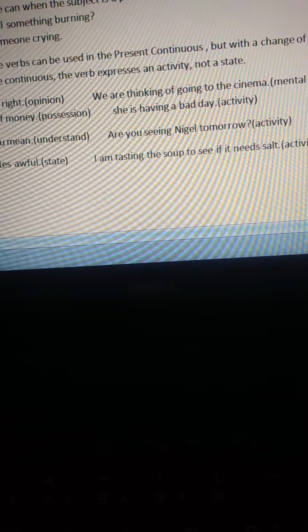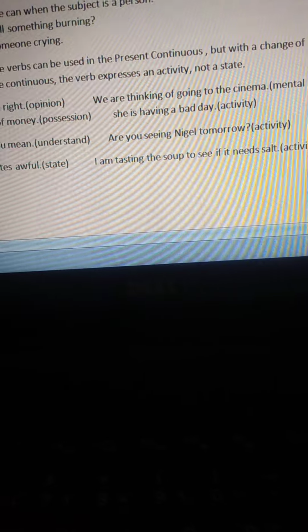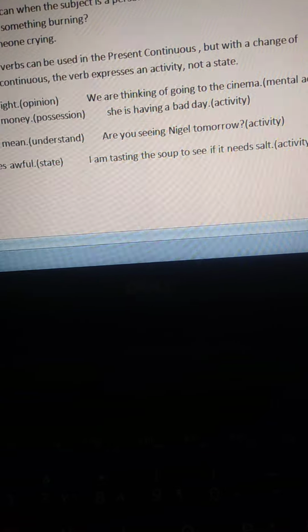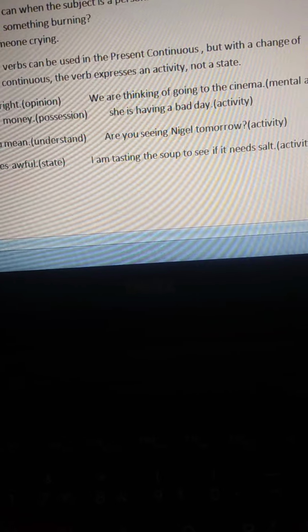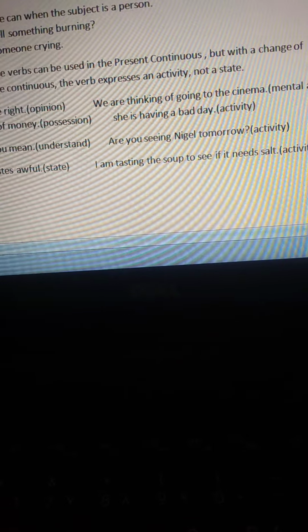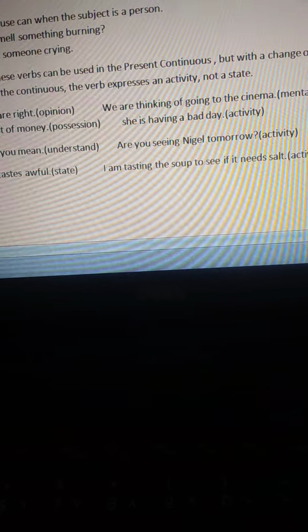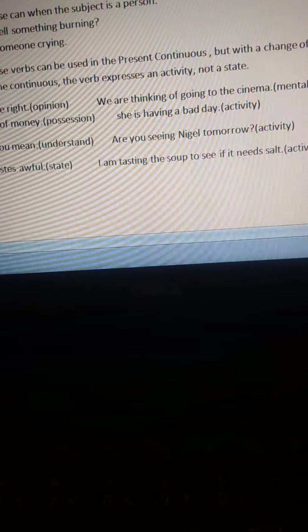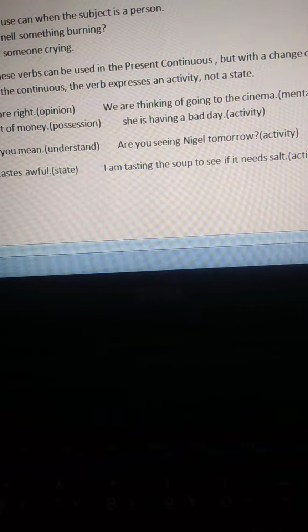Activity. Repeat. I am tasting the soup to see if it needs salt. Activity.